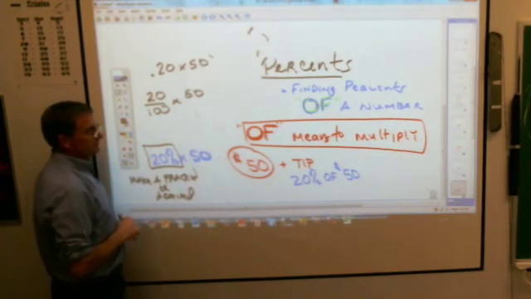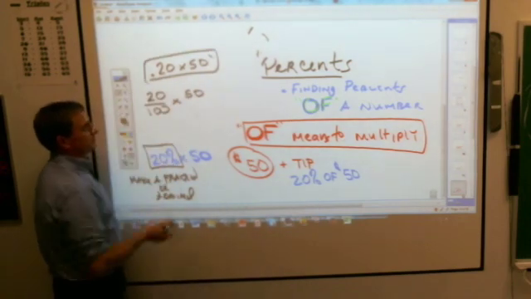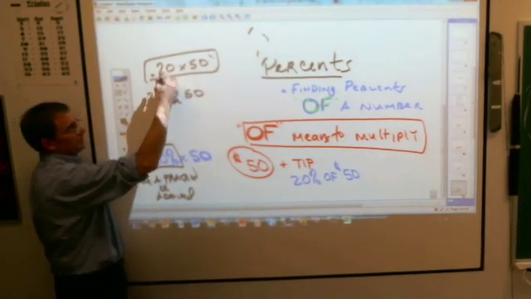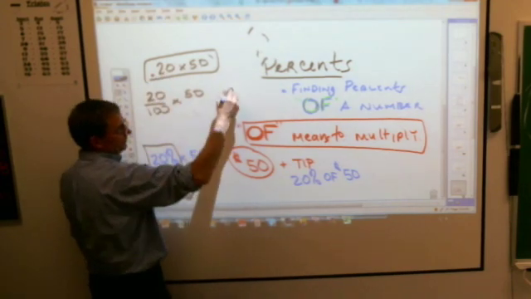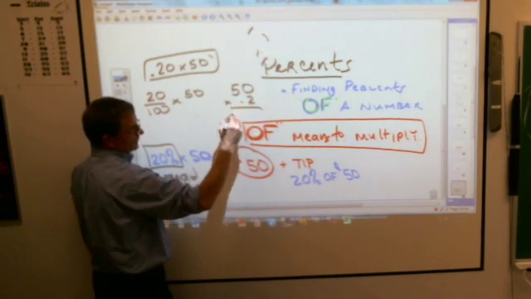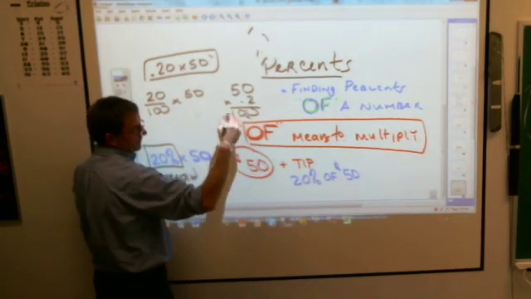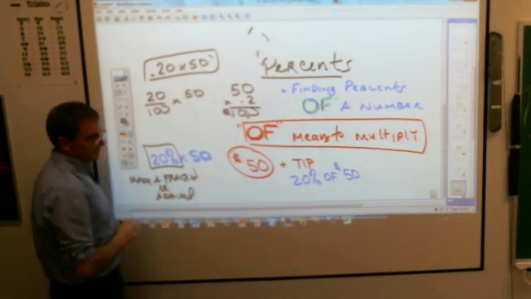I'm not sure which one you would pick to use. I suppose let's go with this one. By the way, you could knock off the 0 and just say it's 0.2 times 50. 50 times 0.2. 2 times 50 is 100. You move the decimal back one place. $10 would be your tip.